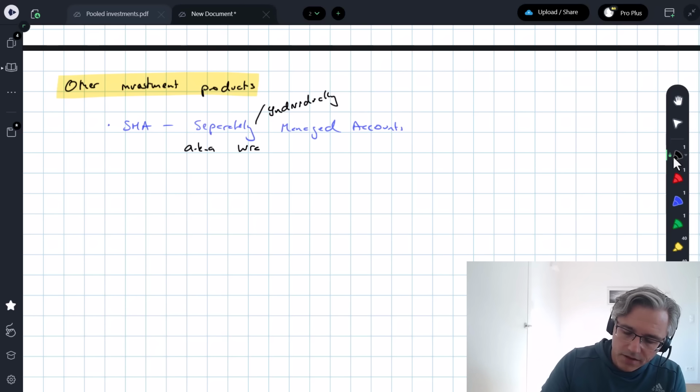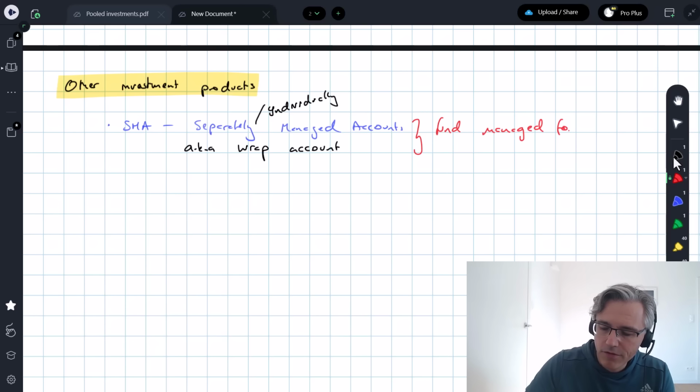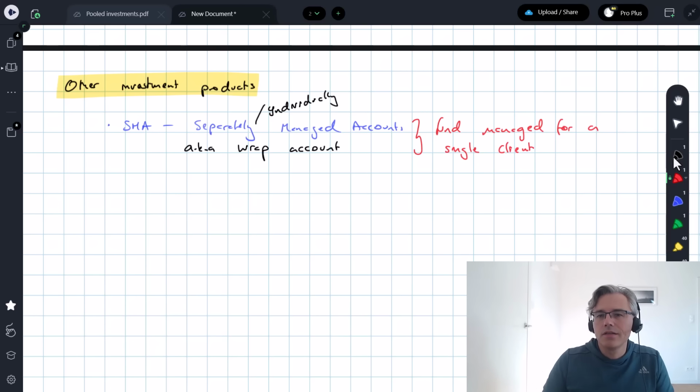They can be known as a wrap account. So different versions of this exist. But it's like a fund which is managed for a single client, or an investment account managed for a single individual client. This will typically be an institutional client or a wealthy individual.